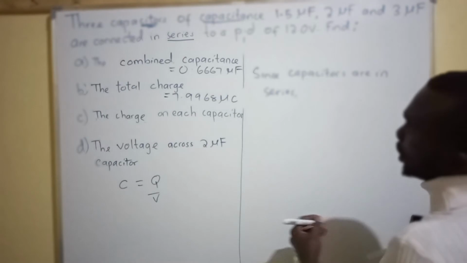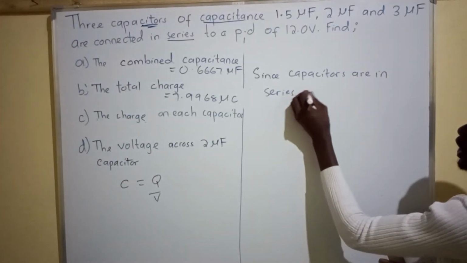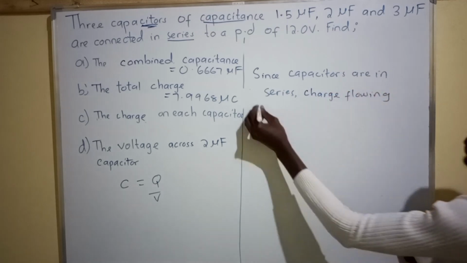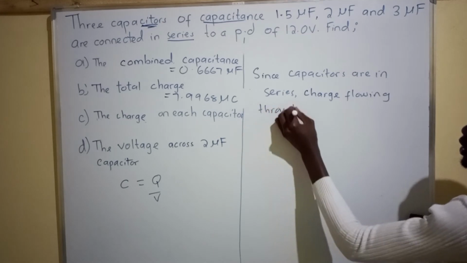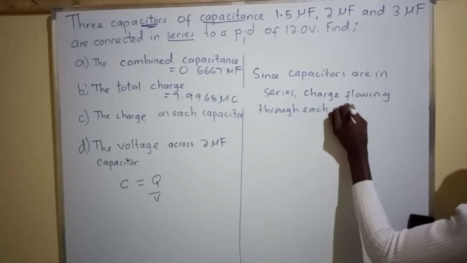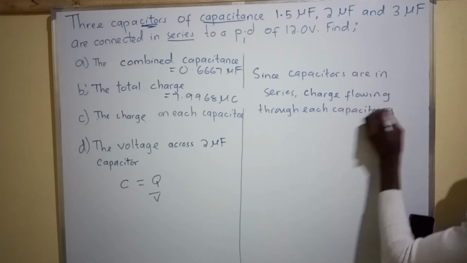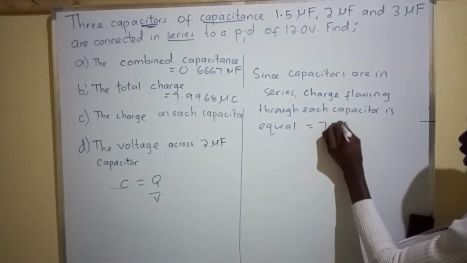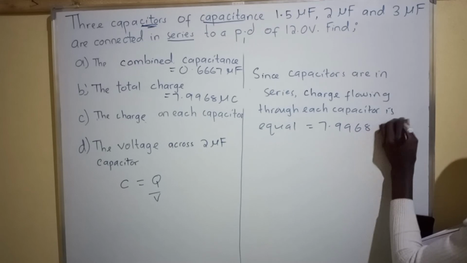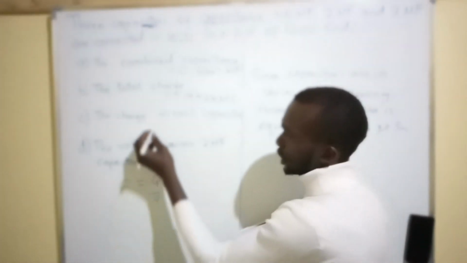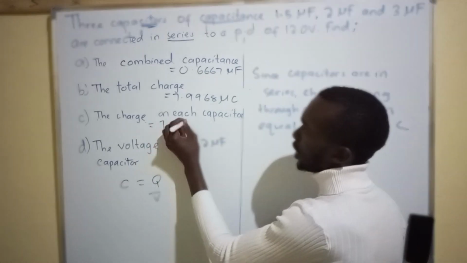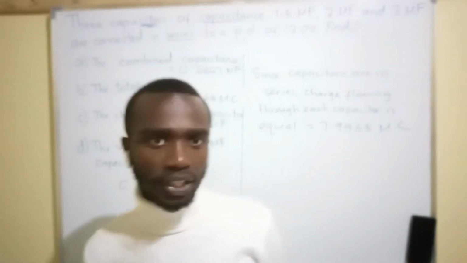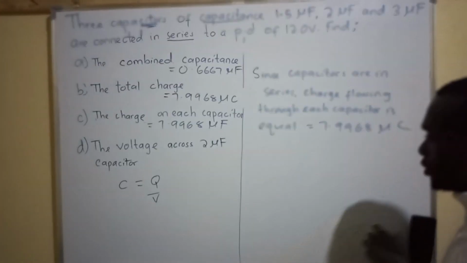The charge flowing through each capacitor is equal, which is 7.9968 microcoulombs. So that is the charge on each capacitor.